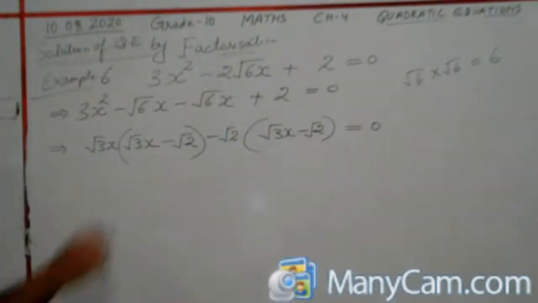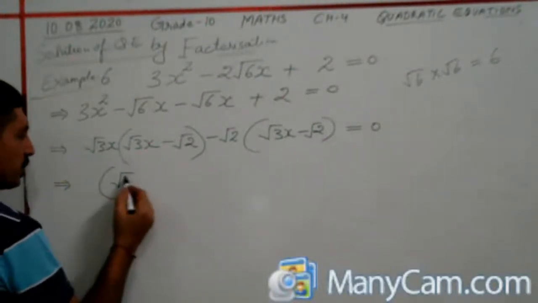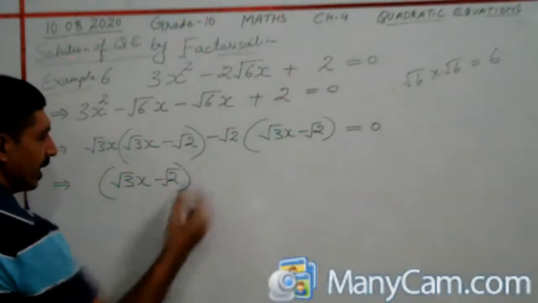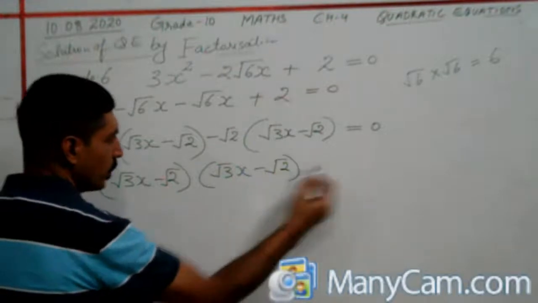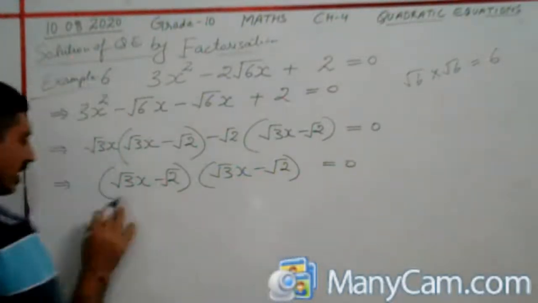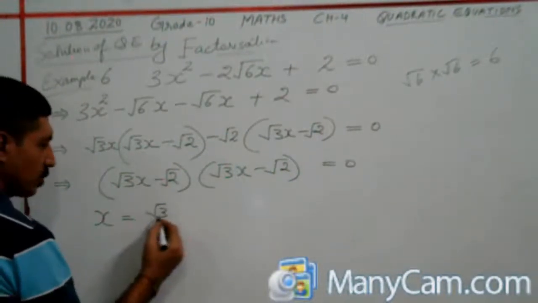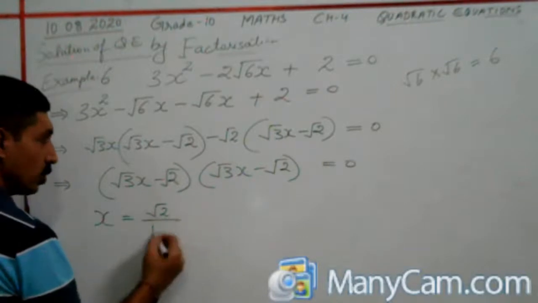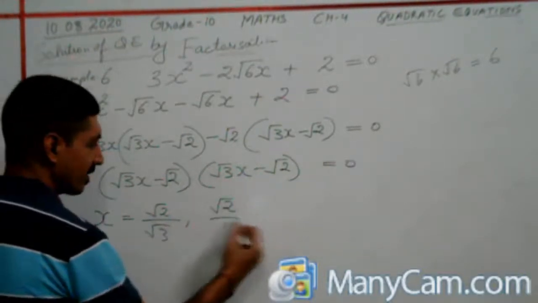So what we have? In this case, under root 3x minus under root 2, and here under root 3x minus under root 2 is equal to 0. So here x is having two roots, they are the same: under root 2 by under root 3, and here also under root 2 by 3.